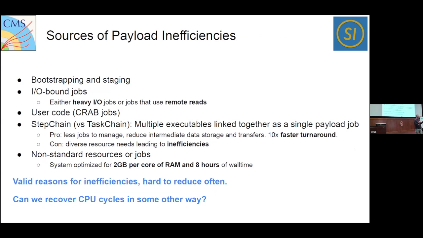We can execute all the steps a job has to do in one single job using a step chain, and we can also do the opposite: execute each single step of the job, the random number generation, the simulation, the reconstruction, the building of the AOD, all this kind of stuff, either in one single job or in different jobs. If you do that in different jobs, we are more efficient, but the turnaround is higher.